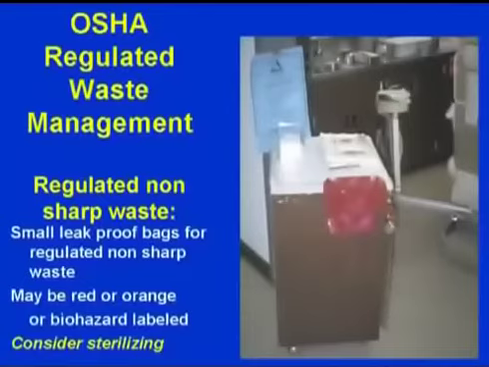That means that dirty gloves, patient napkins, masks, etc. do not constitute regulated non-sharp waste, but rather, blood-soaked gauze or sponges, which release a fluid when you compress them, are what is considered regulated non-sharp waste.